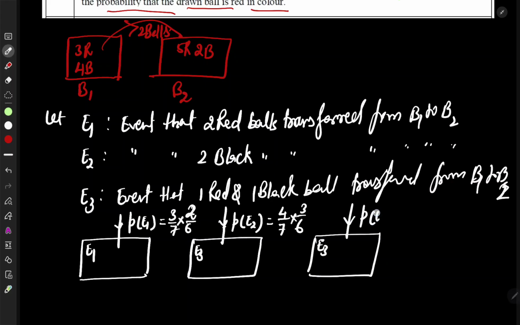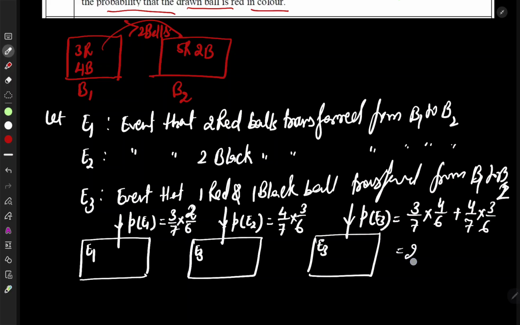Similarly probability of E3: if one is red and one is black, then the question will be first red or first black. Say first is red, so 3 by 7, and then next is black, so 4 by 6. But maybe first is black, so 4 by 7, and now next should be red, so 3 by 6.